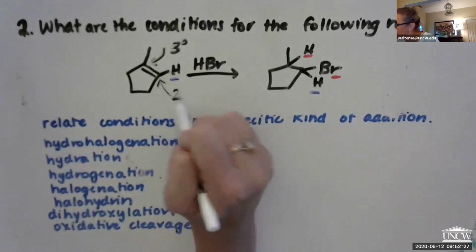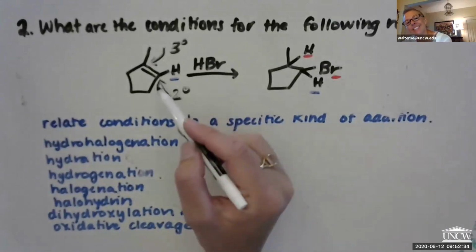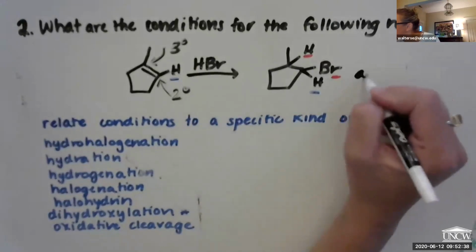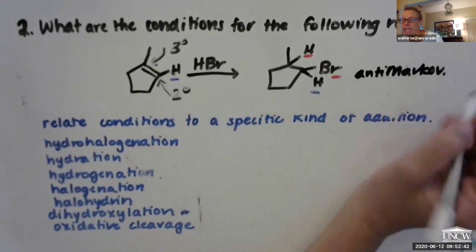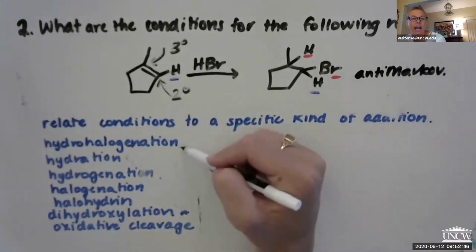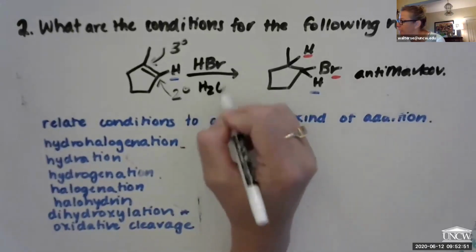This carbon here is secondary. Since the bromine is adding to the less substituted carbon, this is an anti-Markovnikov product. And you can only make the anti-Markovnikov product in hydrohalogenations if the HBr is in the presence of peroxide.